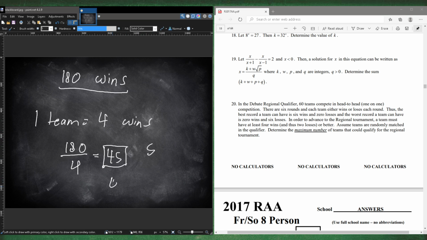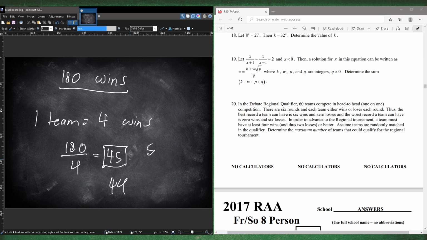Then it's going to be 44. Makes sense, right? Because you divide by 4, and the maximum is 45, but one of them won an extra one. So that tells us that out of the 180 wins, 44 teams won 4, and one of them won 5. And that means only one of the losing teams wins one match, which isn't enough to qualify.